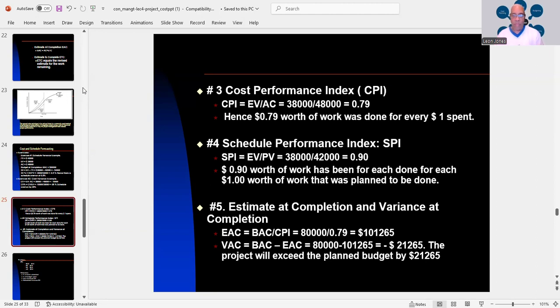You're going to use your BAC minus your EAC. Take 80,000 minus $101,265, and you're going to get negative $21,265. That means the project will exceed the planned budget by $21,265.